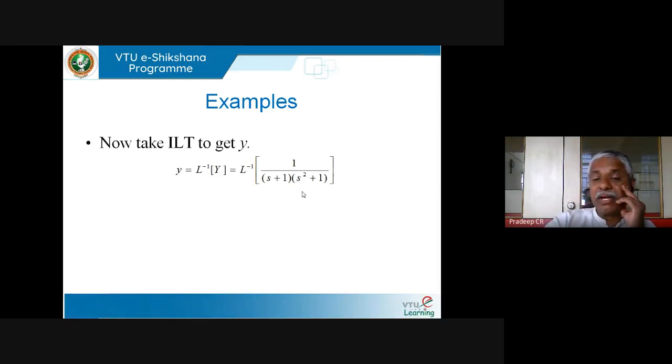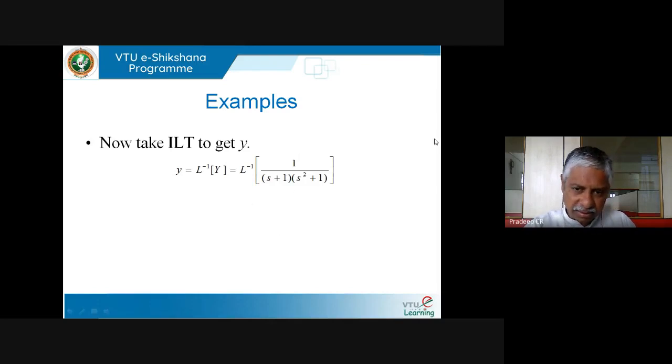Do I know how to find the inverse Laplace of this? There are several ways of dealing with this problem. The easiest thing is to write partial fractions. I have not written all these details, but since I have already done that in the previous lecture, I will just very briefly recall.